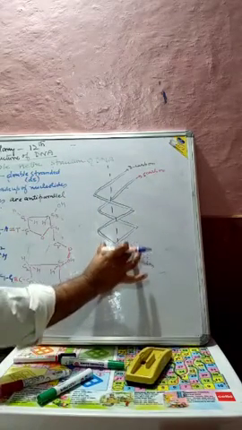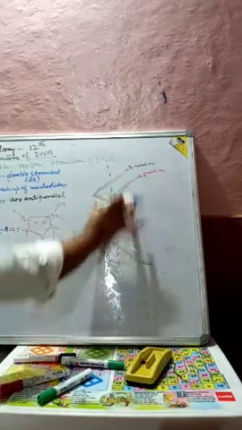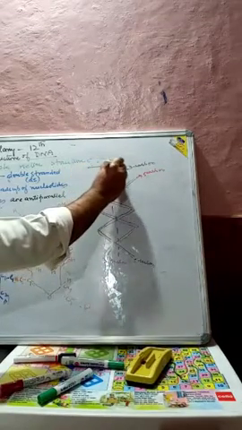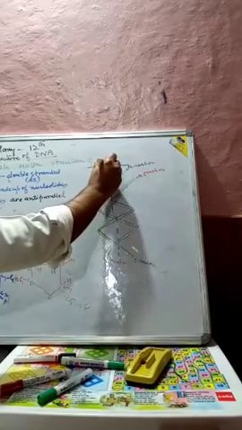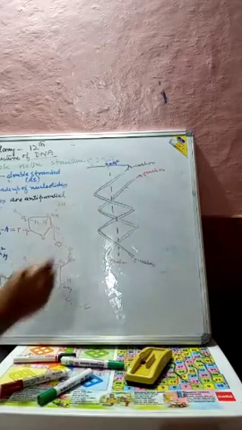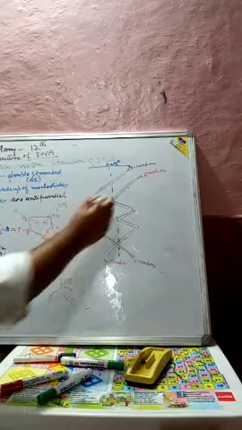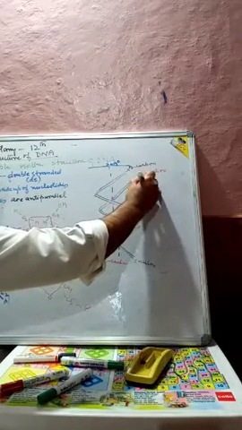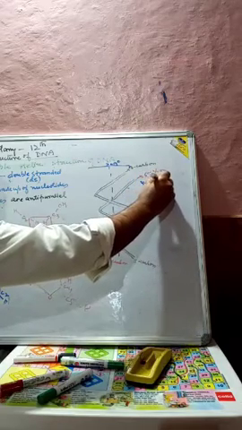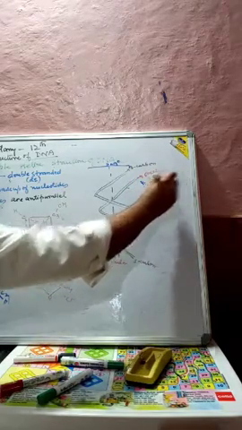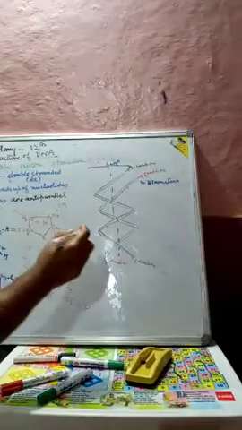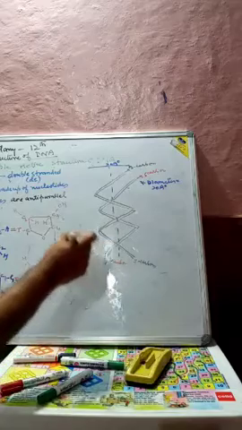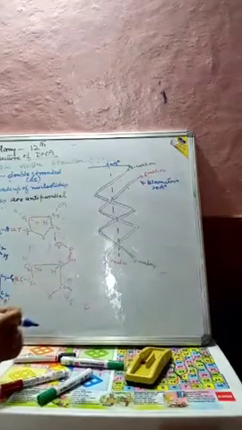This double helix structure of DNA has got the uniform diameter, and that diameter is 20 angstroms. That is the fourth point: the diameter of DNA is 20 angstroms.